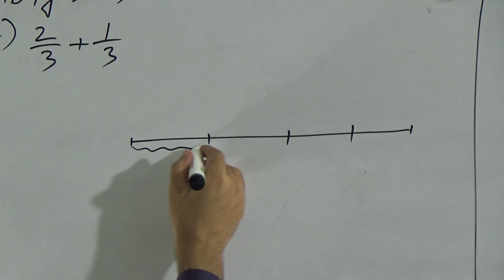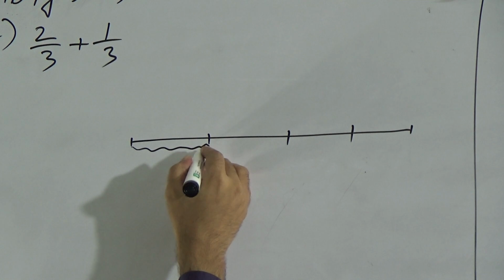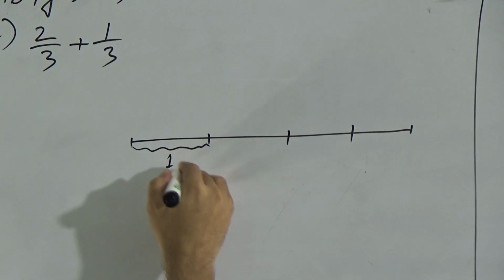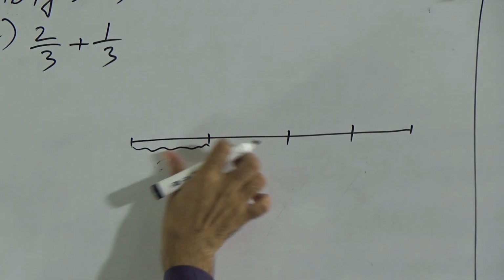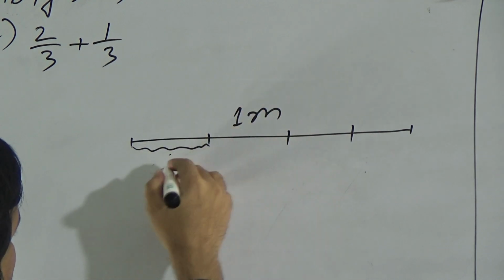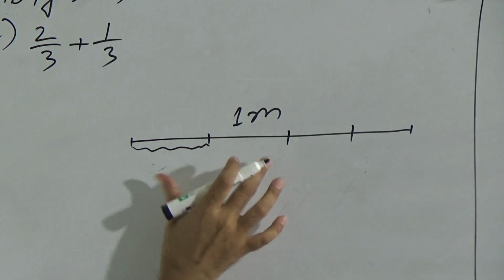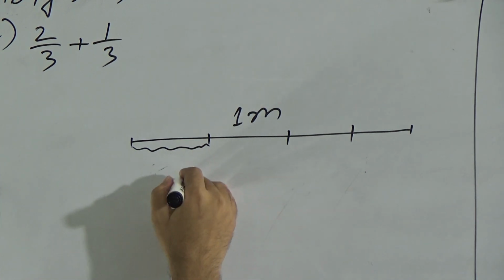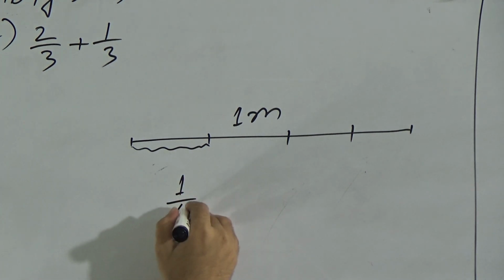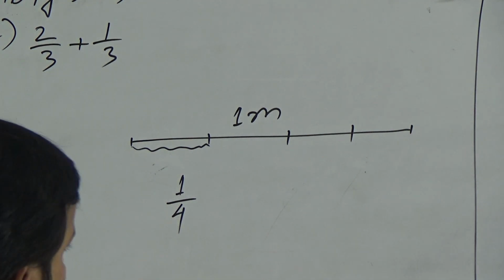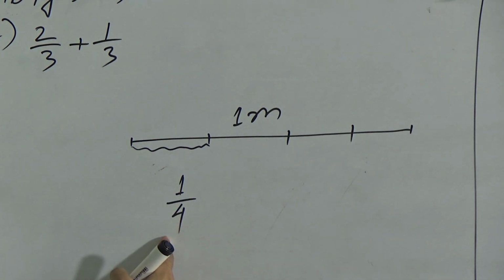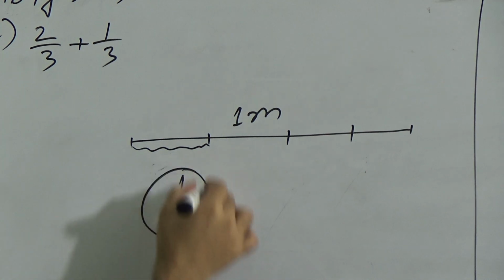You have given your friend one part, this part. Total length is 1 meter, you have given this one part. It means that from these 4 parts you have given one part. This we can write in this way.